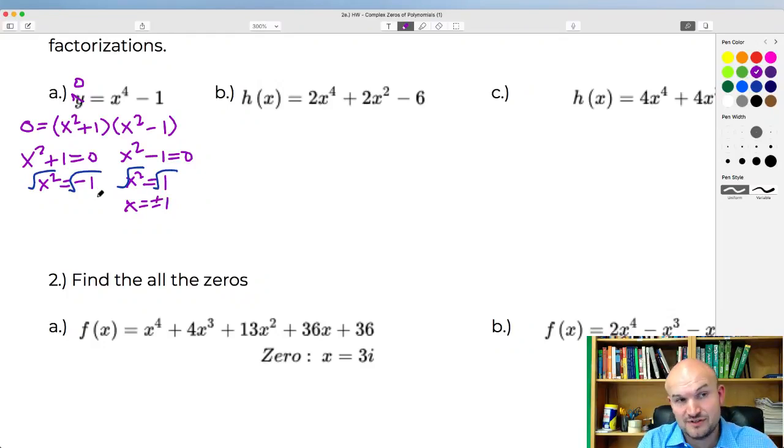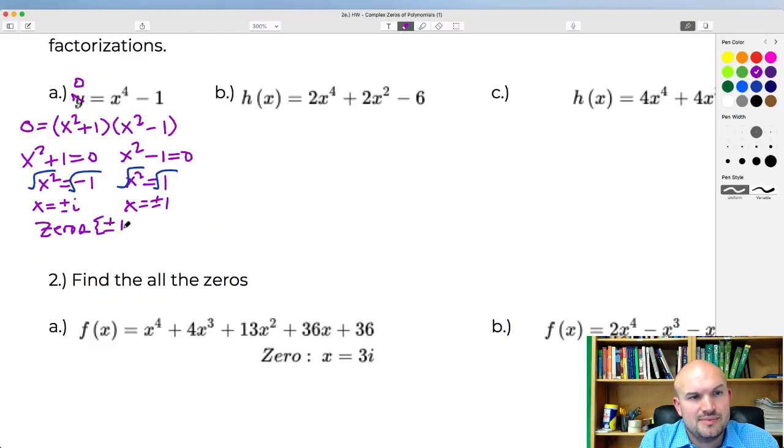But here, we're going to have to use the complex number system because we don't have a real number where you can take the square root of a -1. So therefore, in the complex number system, we use the imaginary unit i to represent the square root of -1. So therefore, these are my zeros. And so I'll just write these as zeros.